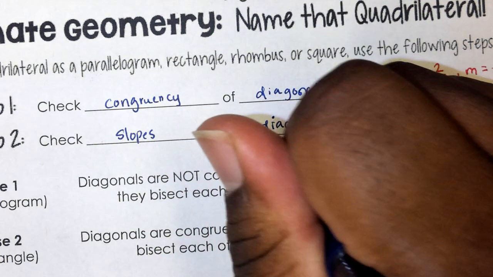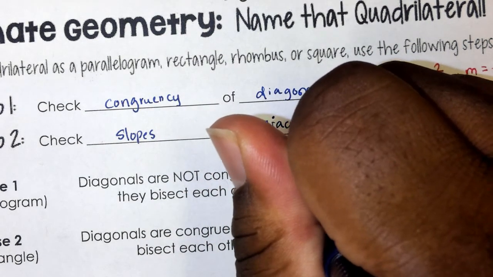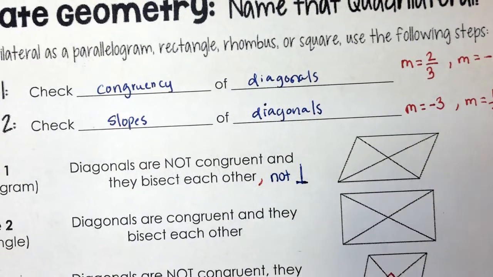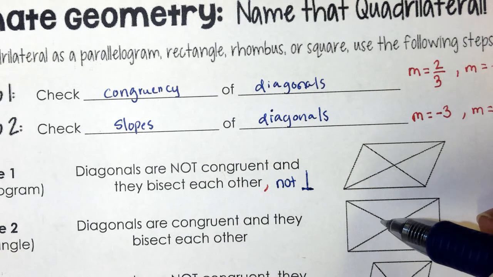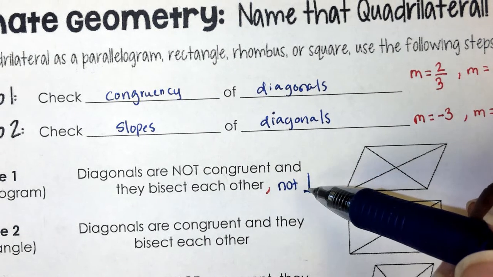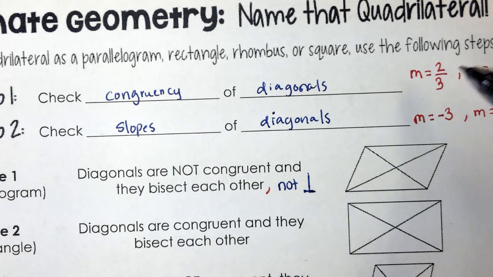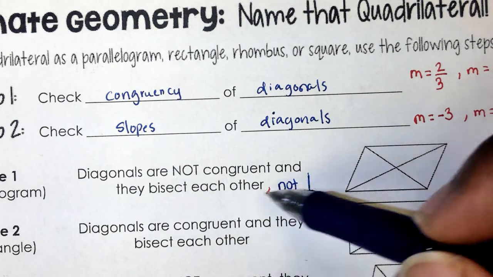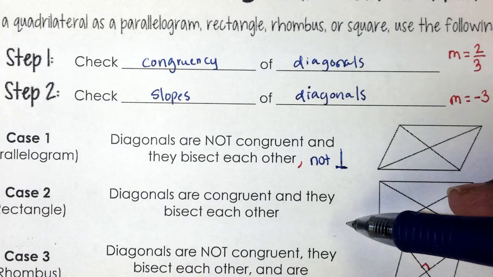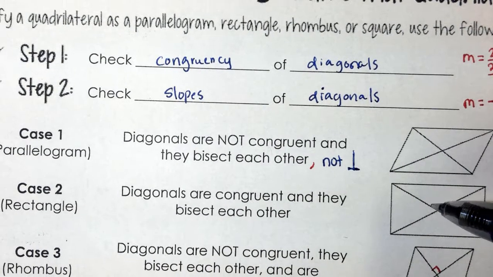So add not perpendicular in on the end. For a parallelogram, we're going to check to see that the diagonals are not congruent, meaning they should be different lengths, and then the diagonals shouldn't be perpendicular either. Those two things, and we do that by checking the slopes. If that's the case, then we have a parallelogram.